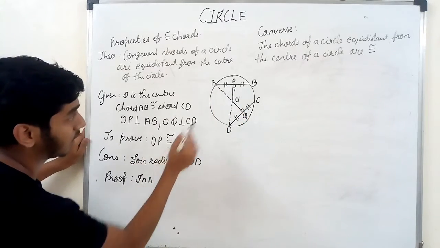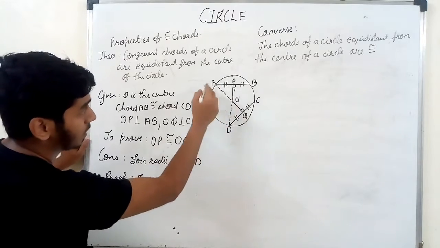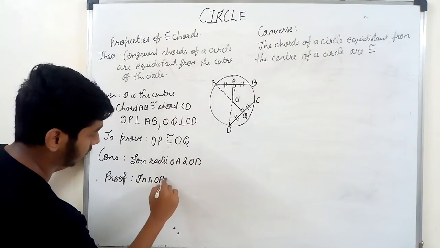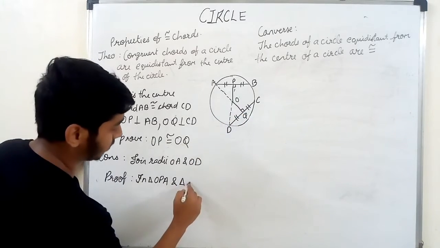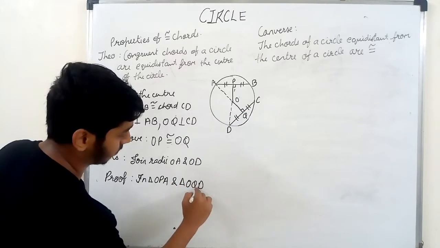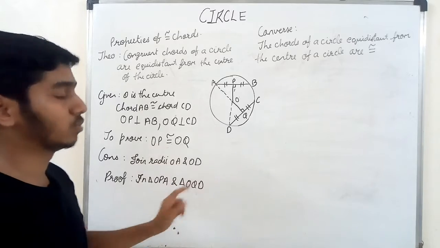So in triangle OPA and triangle OQD, you have taken these two triangles.